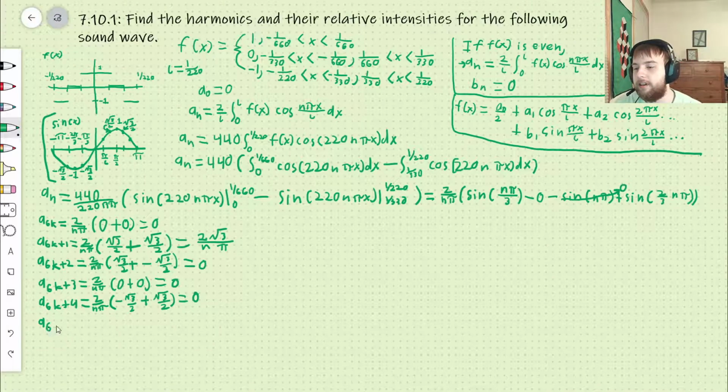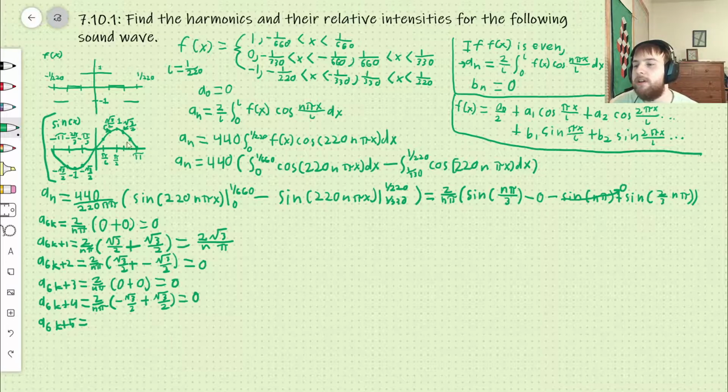And then finally, what if n is 5 past a multiple of 6? Or another way to think of it, it's 1 less than a multiple of 6. So like your 5s, your 11s, your 17s, all those. So what do you get for that?